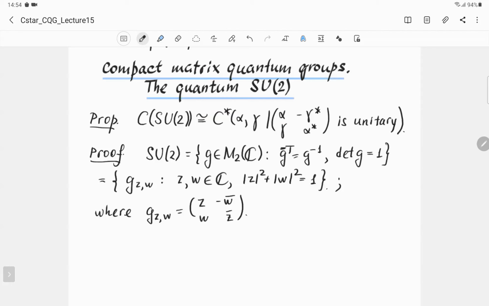Well, this is a well-known fact, which is quite easy to check. So in other words, topologically, SU2 is nothing but the three-dimensional sphere in the four-dimensional real space.